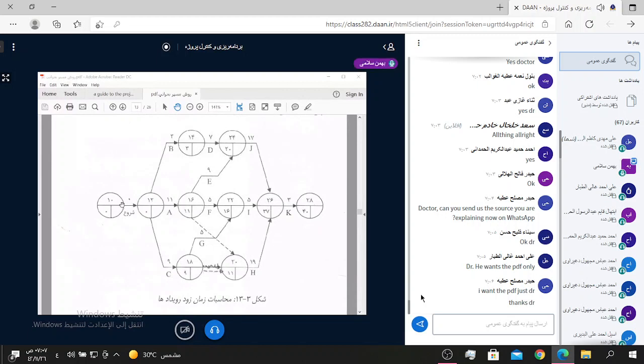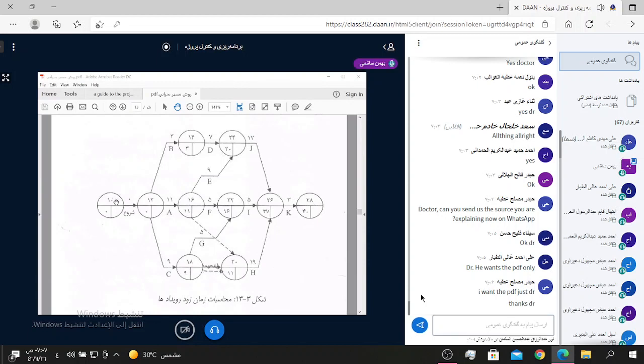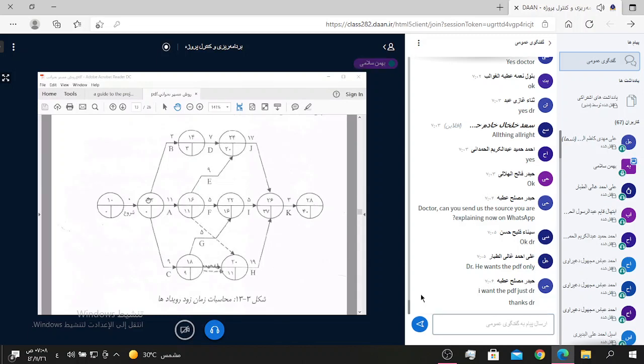In part 1, we write the number of the nodes, for example, number 10, number 12, number 14, and so on.